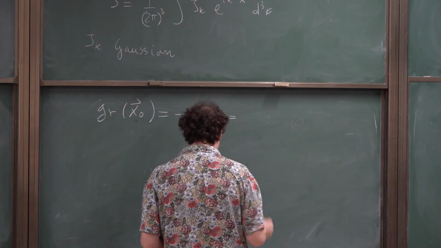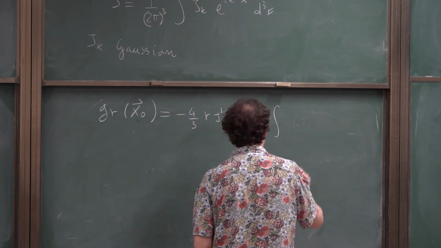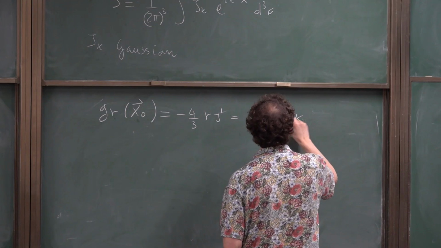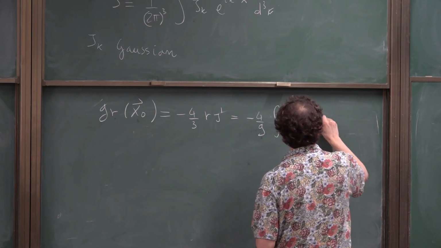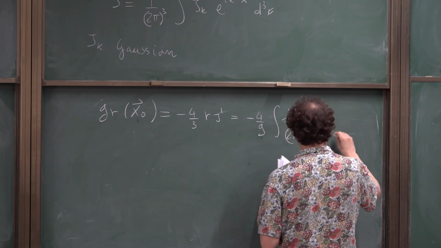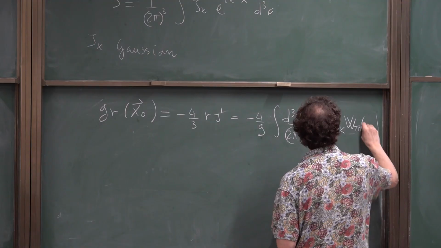Why do I do that? I'll explain in a second. This is minus 4/9 times the integral of d3k divided by 2 pi to the cube, (kr)^2 zeta k W(kr).